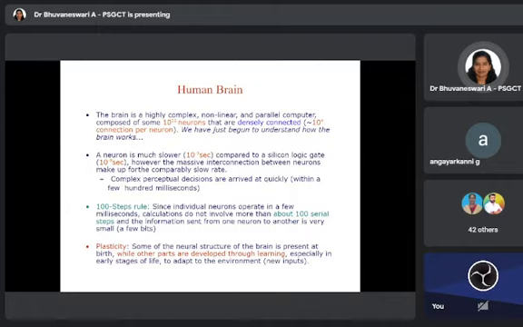However, these neurons share a lot of data. We cannot quantitatively measure the exact amount of data that was communicated or shared by the neurons during a task.